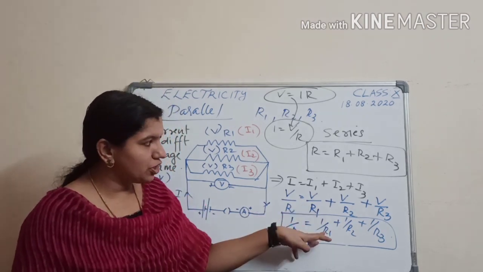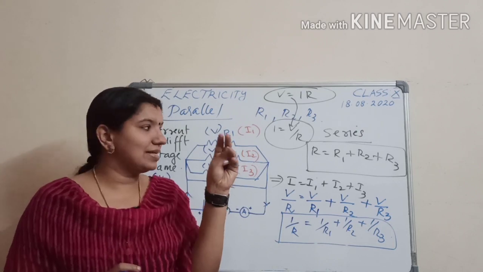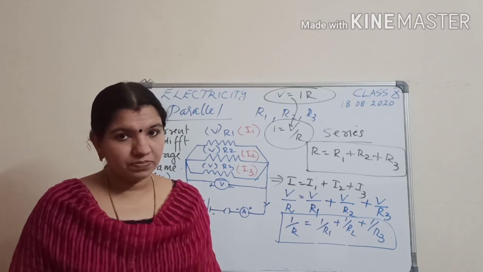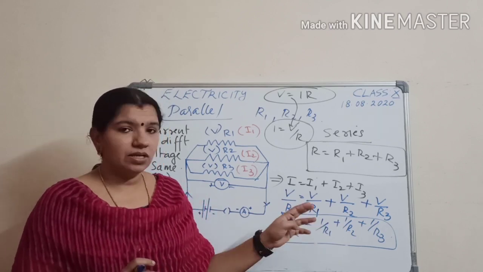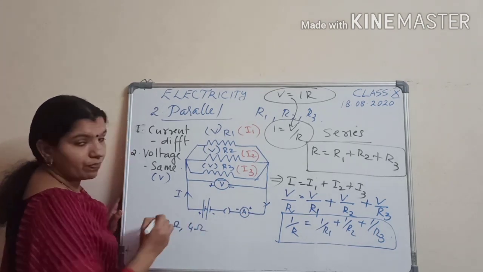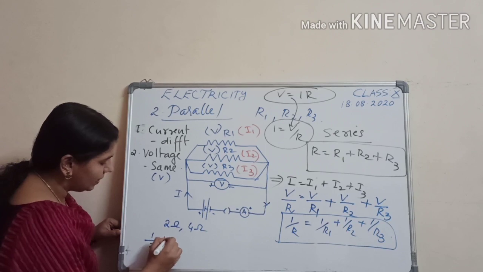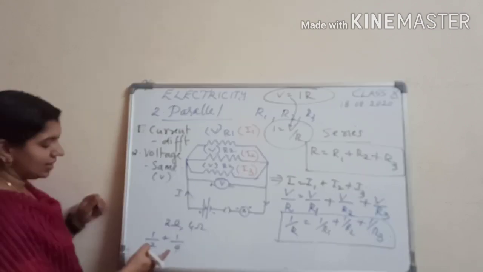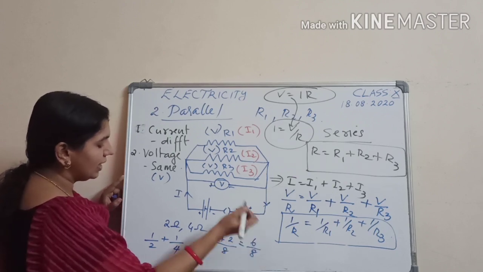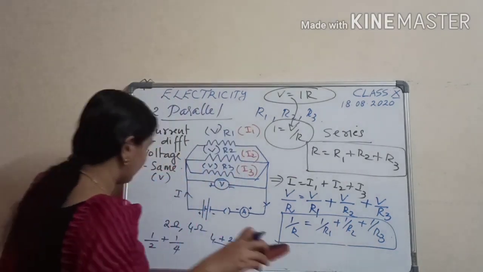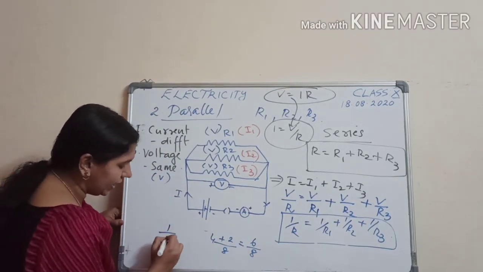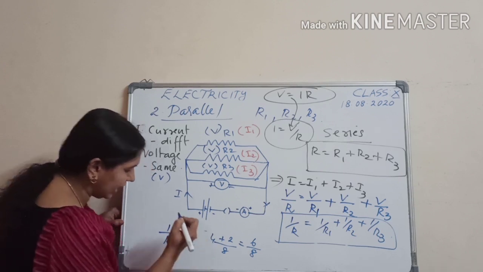Understand? So, this is the expression to find the total resistance in a circuit in which the resistors are connected in parallel. Clear? So, for example, if you have 2 ohm and 4 ohm, how will you find it? 1 by 2 plus 1 by 4. What is the answer? 4 plus 2 by 8, which is 6 by 8. But here, 1 by R you will get as 6 by 8.